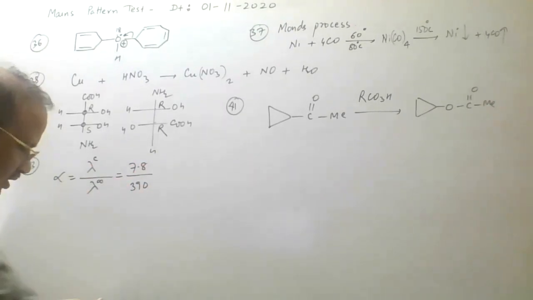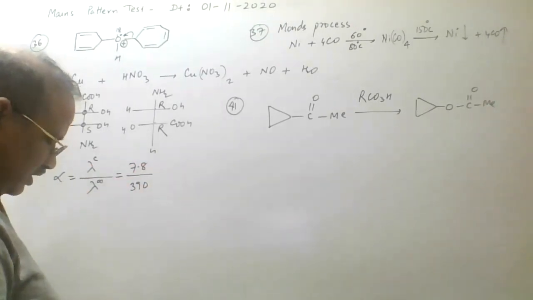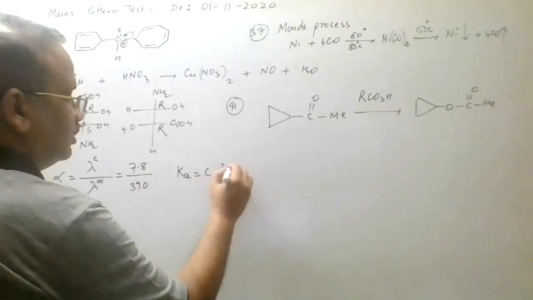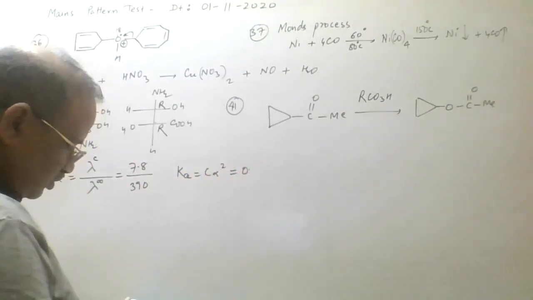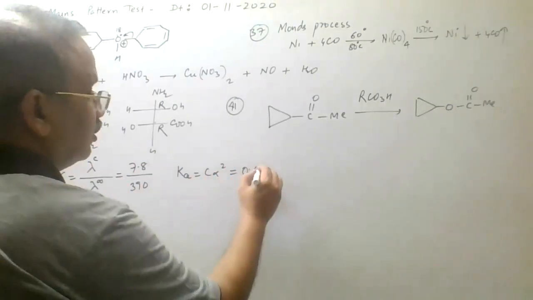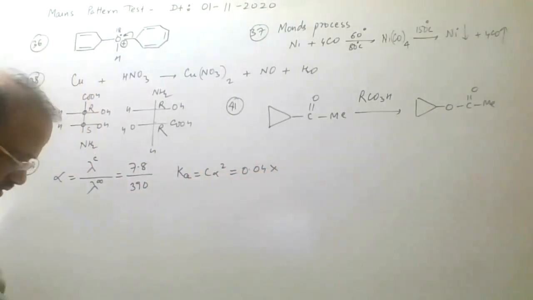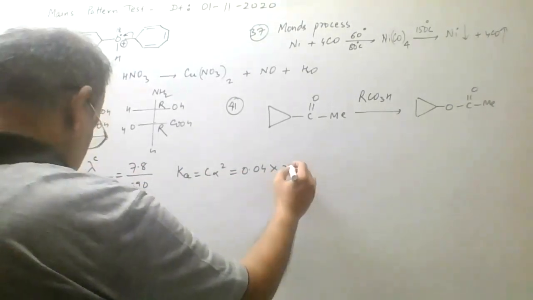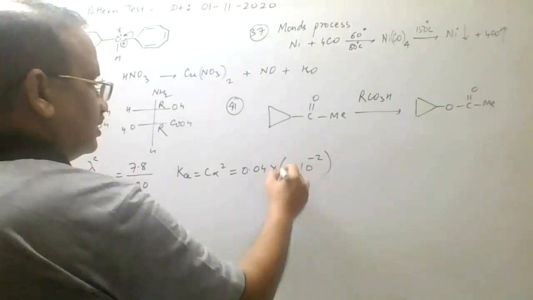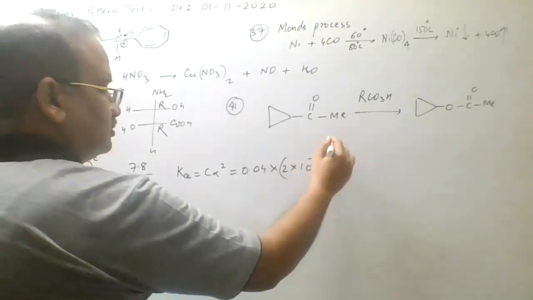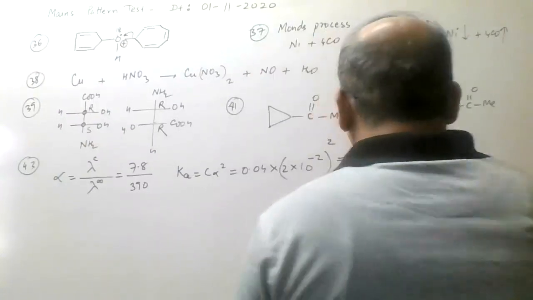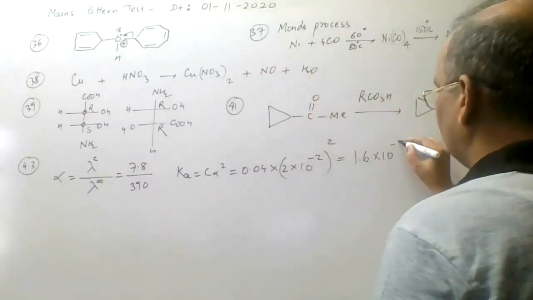We can calculate the Ka value for that. Ka for acetic acid will be equal to C alpha square. C is given to us as 0.04, yes, 0.04 into alpha. Alpha comes out to be 2 into 10 to the power minus 2. We take the square of that, so I got that Ka will be equal to 1.6 into 10 to the power minus 5.